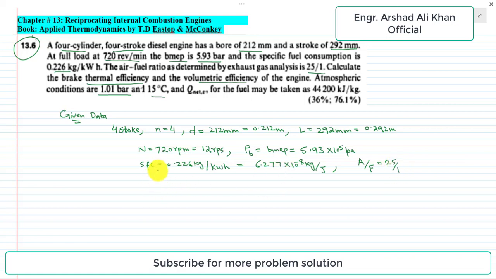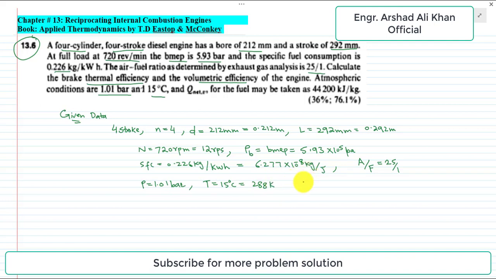Atmospheric conditions are given. Pressure is 1.01 bar. So converting it to Pascal, we will write a 10⁵ factor with this as well later on. Temperature is 15 degrees centigrade. So adding 273 to this 15 degrees C, we get 288 Kelvin.